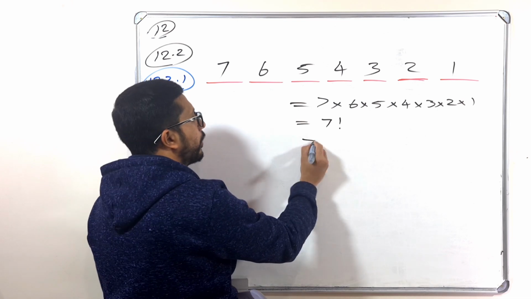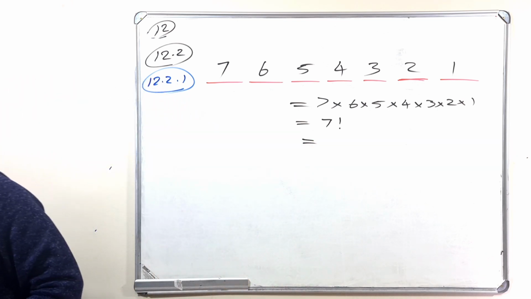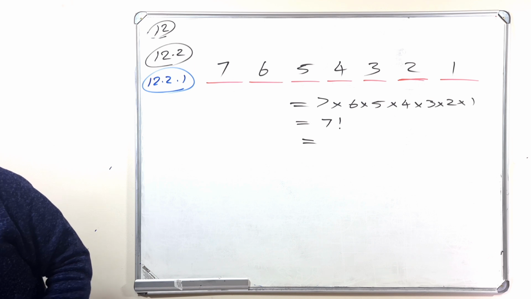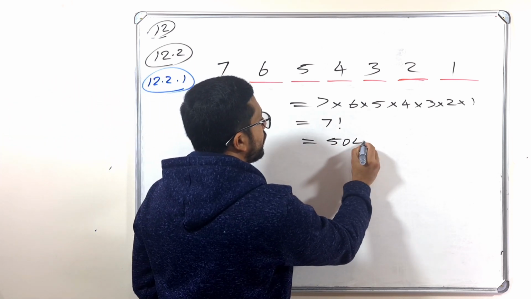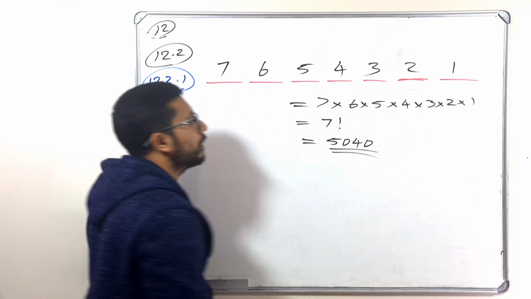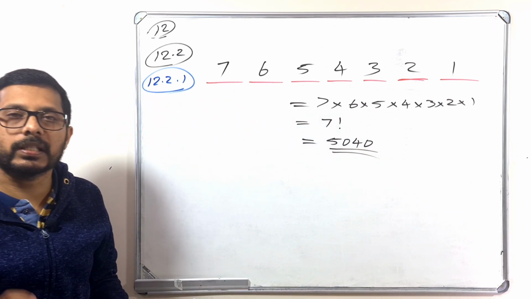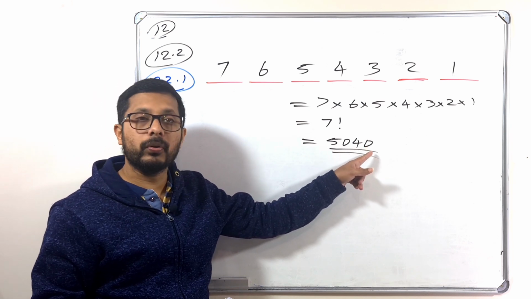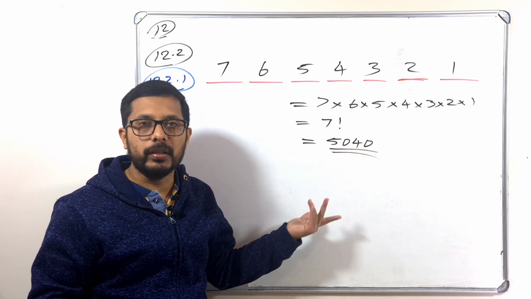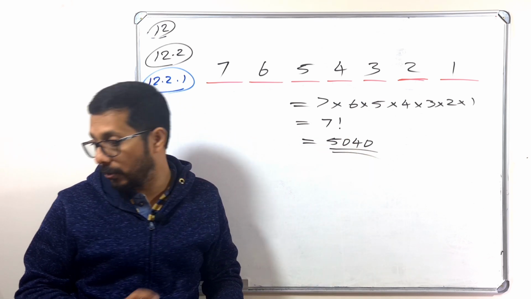Check in your calculator what the answer is. 5040. That means without any condition, the 7 cars can be parked in 5040 different ways.